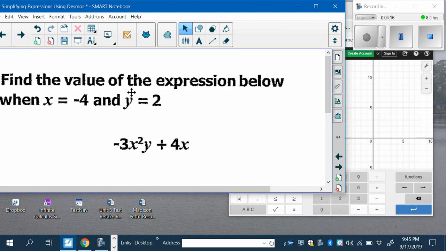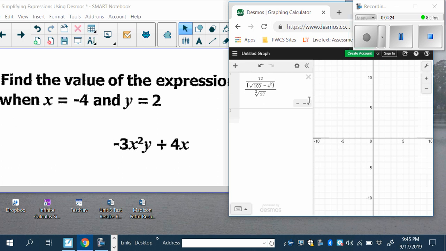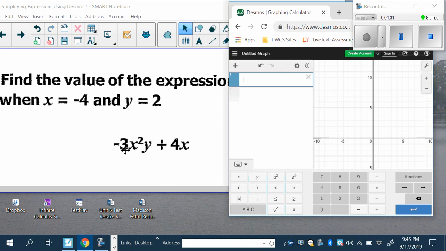Okay, so find the value of the expression below when x is equal to -4 and y is equal to 2. Well, I can do substitution, but I can't use x and y in here. That's the only limitation. So instead of x and y, I'm going to use a and b.